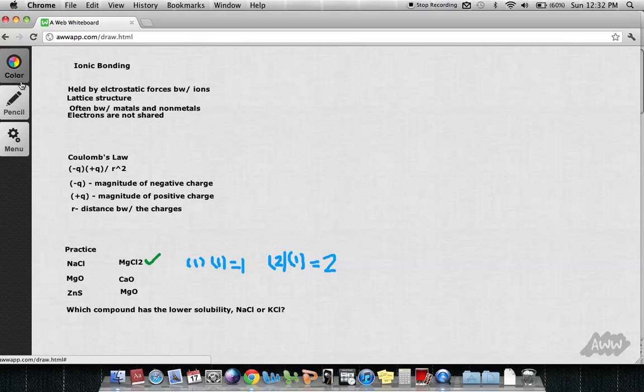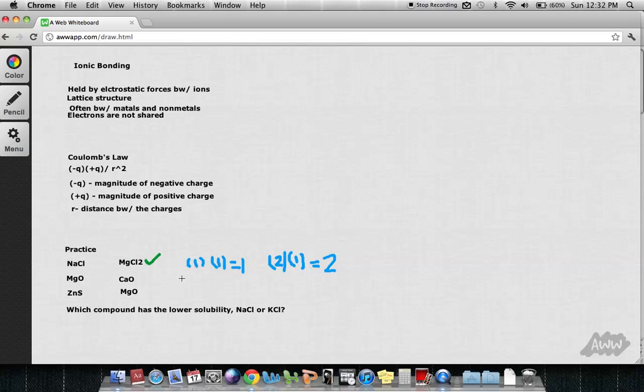The next example, MgO and CaO. Both of these have the same negative and positive charge products. So now you have to consider the distance between the charges. When you look at the periodic trends, Ca is a larger ion than Mg.